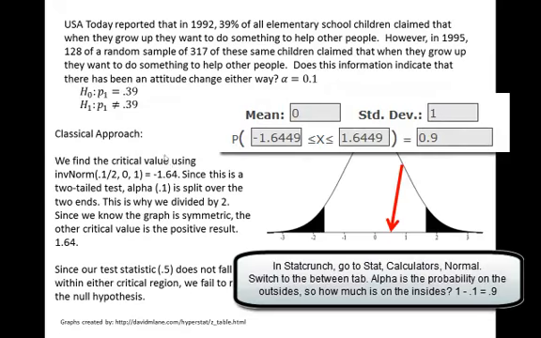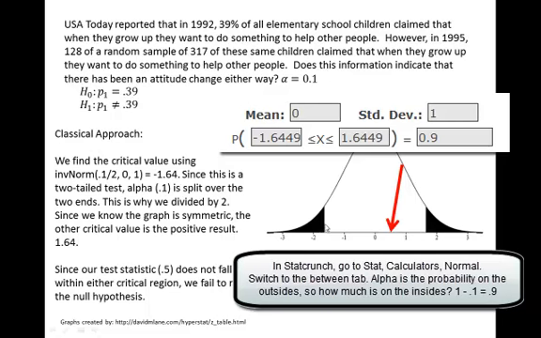If we're doing the classical approach, we find our critical value using inverse norm, because this is a proportion problem. And with 2-tailed tests, when you're trying to find your critical value, you take alpha and you divide it by 2, because alpha is both of these tails together. So we just want this value. And we have our negative 1.64 as our negative critical value.